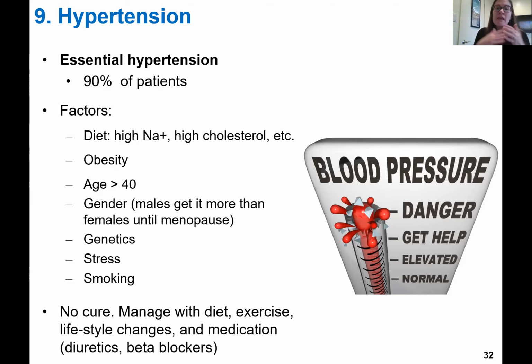If those are still not managing it well enough, we can do medication, which is going to be diuretics to help keep that blood volume low, and beta blockers, which will help increase vasodilation in a lot of places. And with that, most hypertension can be managed fairly well.